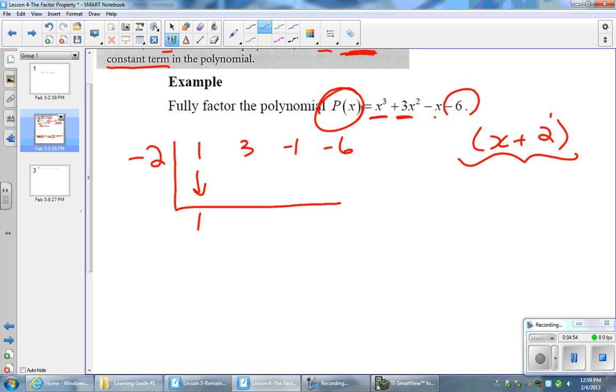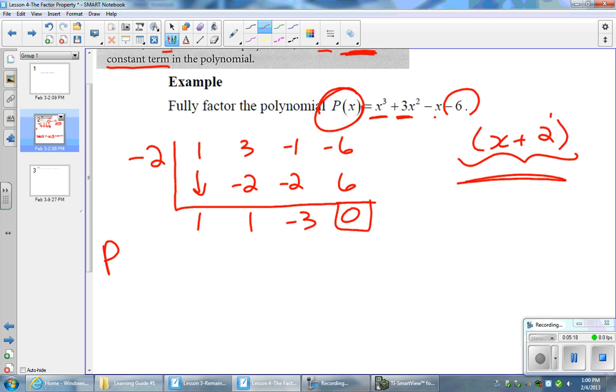So bring down the 1. We have a -2 times a 1, which is a -2. 3 minus 2 gives me 1. 1 times a -2 is a -2. Add those two numbers together, we get a -3. And -2 times -3 gives me a +6. Now, if I add these two together, we do get a remainder of 0, which makes sense because we know that this is a factor, so there should be no remainders.